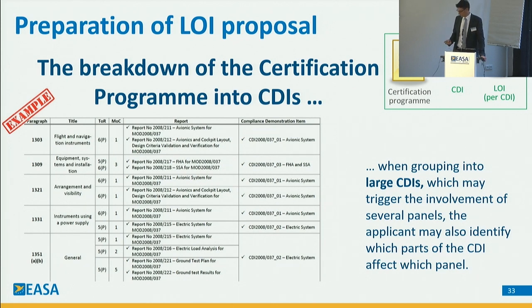So here, for example, on the left-hand side, you have different requirements. In these requirements, I don't know what TOR means, but at least these are panels 5 and 6, and this is the compliance demonstration item, and we have here four times the same CDI covering several requirements, several panels.